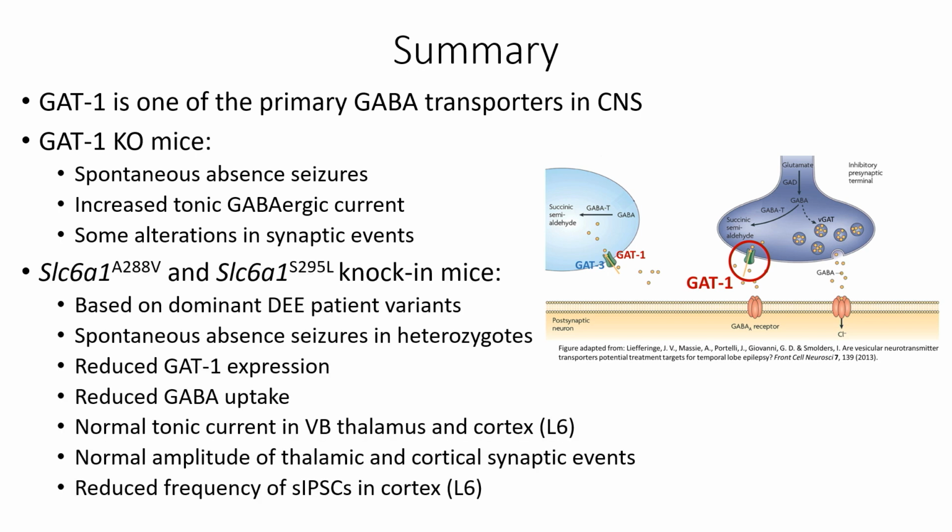And the A288V and S295L knock-in mice that we study, which are based on dominant patient variants, have spontaneous absence seizures in heterozygotes, reduced GAT1 expression, and reduced GABA uptake. They have normal tonic currents in ventrobasal thalamus and cortex, and normal amplitude of thalamic and cortical synaptic events in the ways that I've measured them so far. But they have reduced frequency of spontaneous IPSCs in cortex.